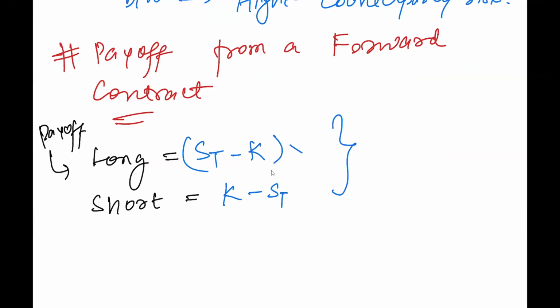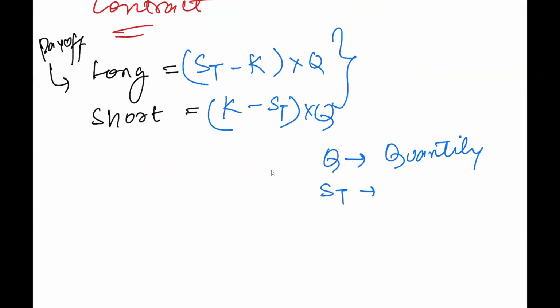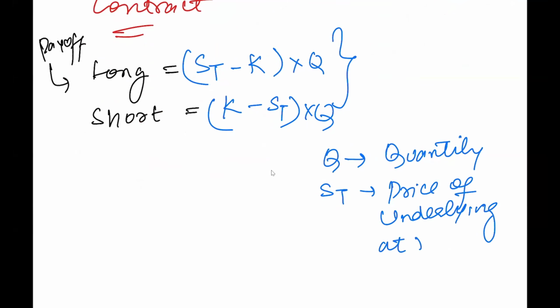And again, we multiply with the quantity. Q is nothing but the quantity. ST is nothing but the price of the underlying at maturity. And K is nothing but your predetermined price. It is also called the strike price.